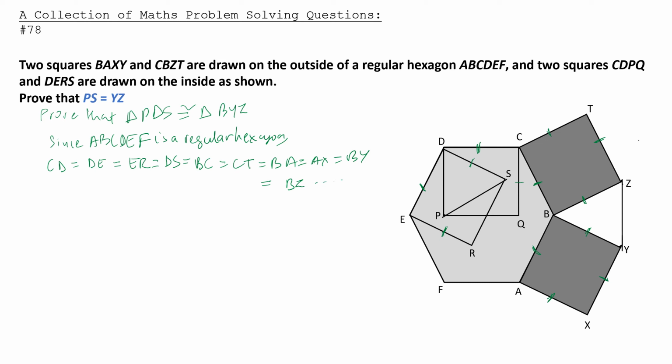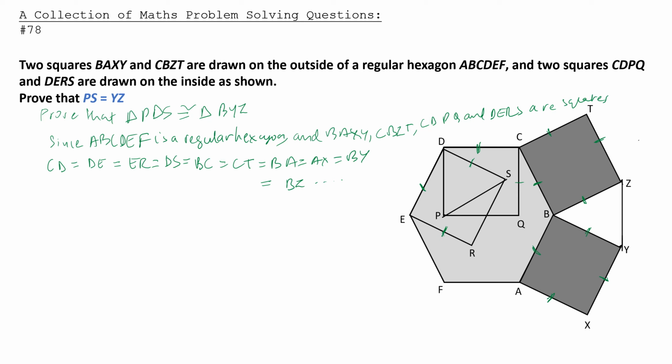A regular hexagon, and BAXY, CBZT, CDPQ and DERS are squares, right?